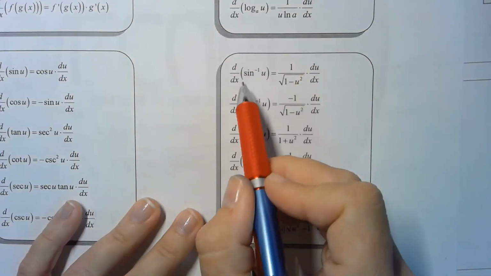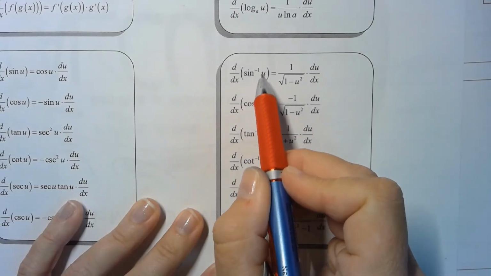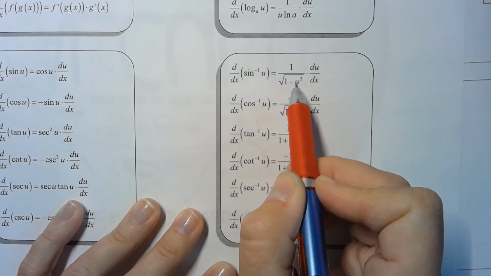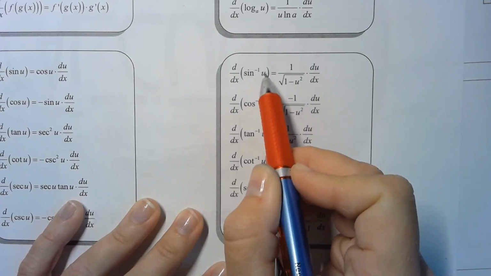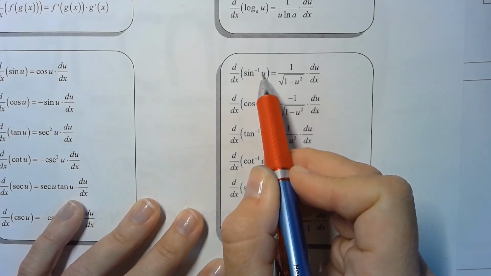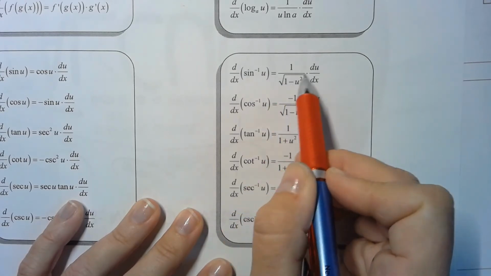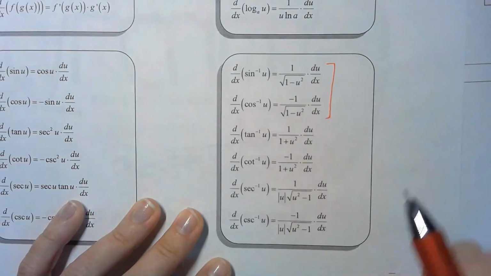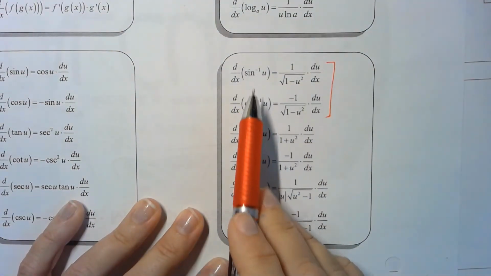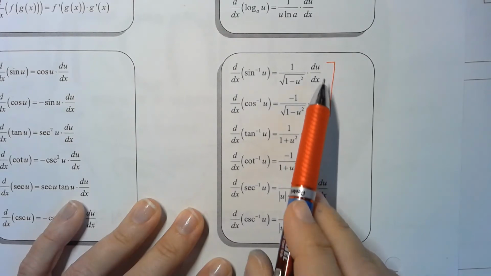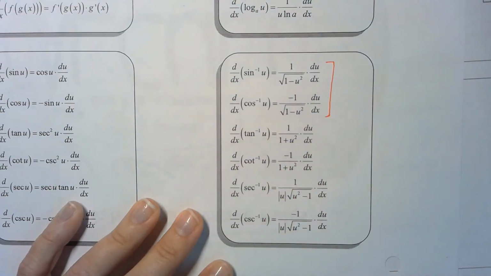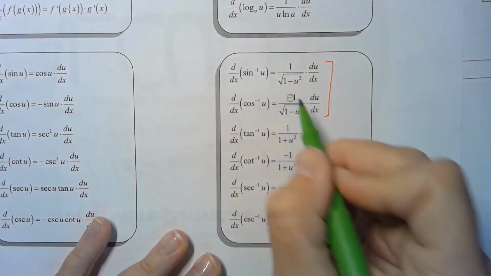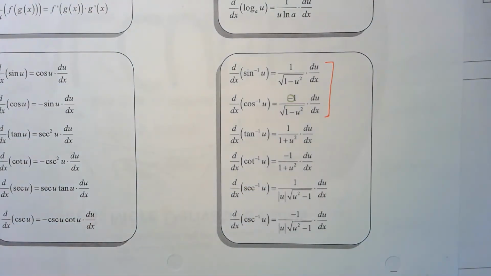This is the one we just found. We just said the derivative of inverse sine is 1 over the square root of 1 minus u squared. That means it doesn't have to be x. It could be anything in there. But then we have to incorporate the chain rule. Okay. Now, look at these two. What's the only difference here? The only difference is that there's a negative 1 on top instead of a positive 1.